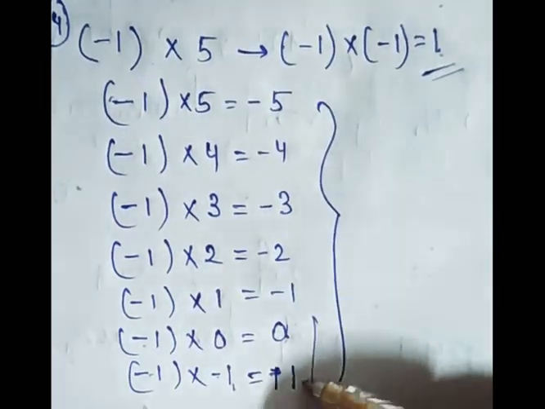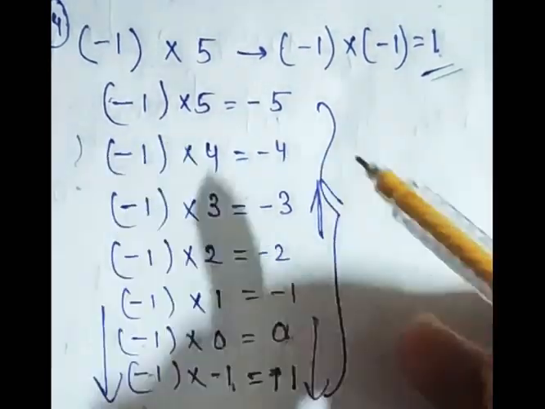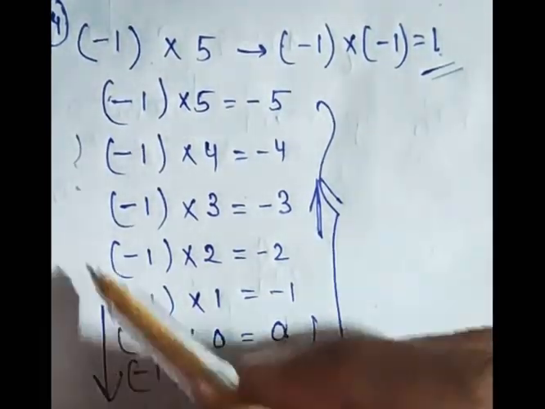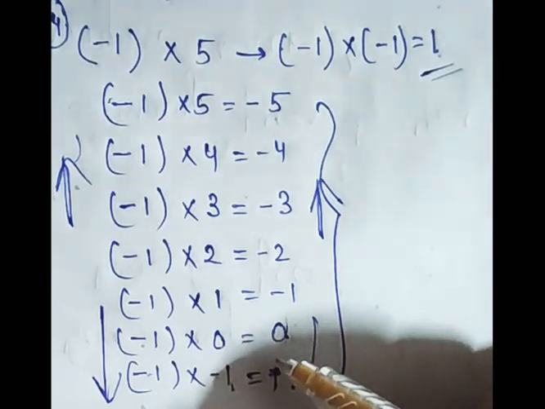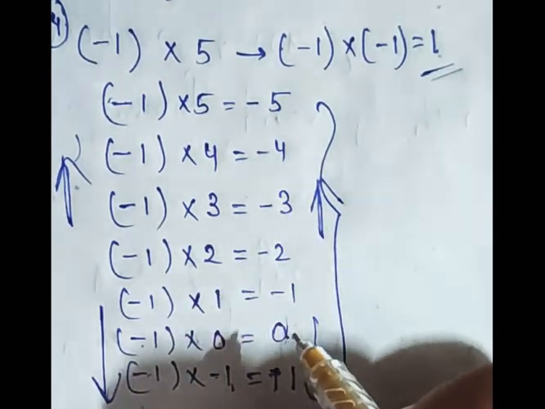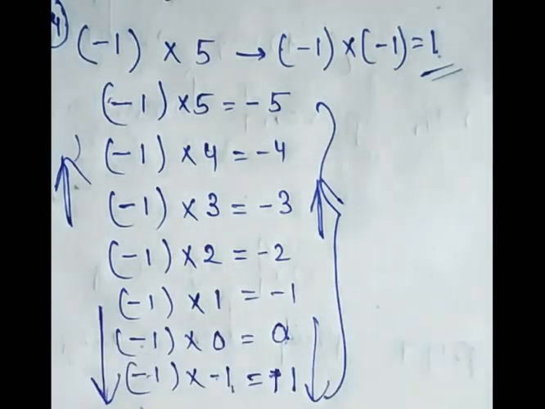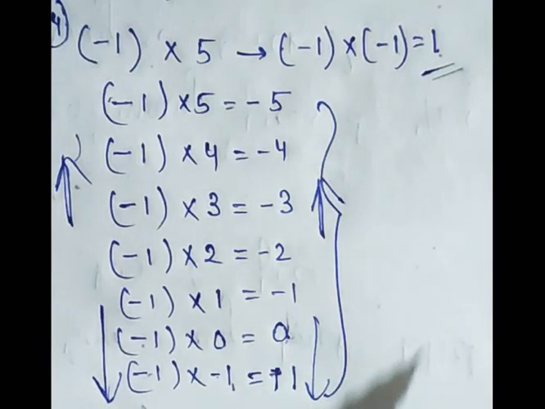Now this is above and this is below, and here it is below and it is above here. This is the concept which we have discussed earlier also, and we are using that concept here. I hope you are clear with it.